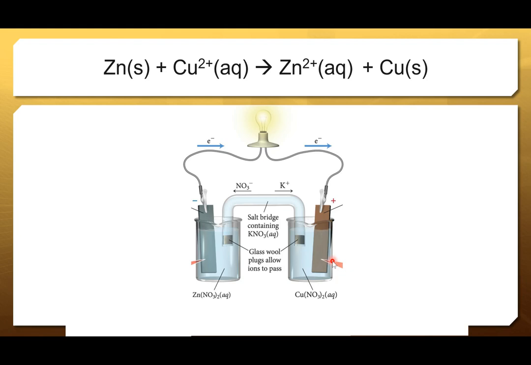Okay. So why is zinc the anode? And why is copper the cathode? What we'll see in probably the next lecture is that zinc has a higher potential energy.